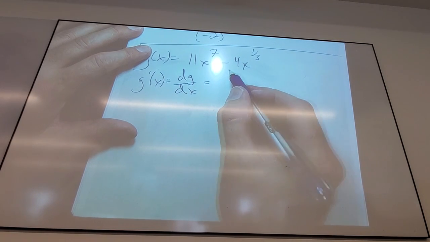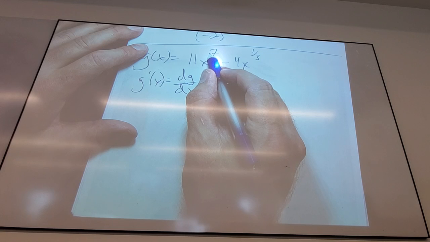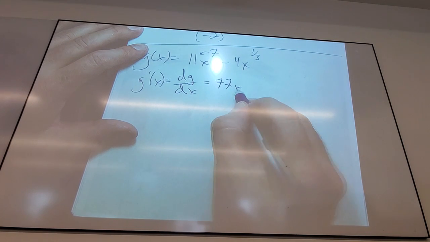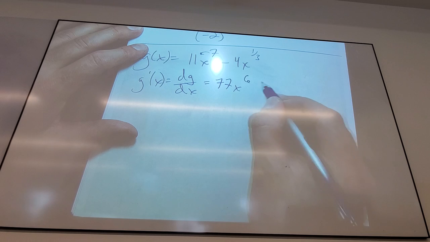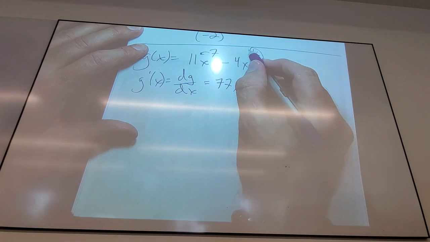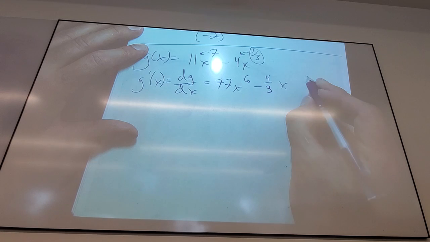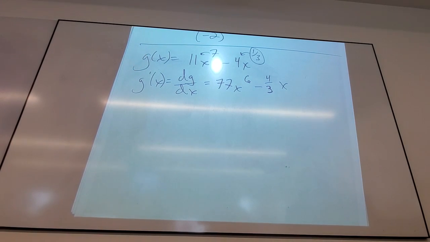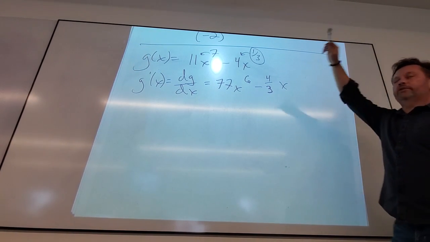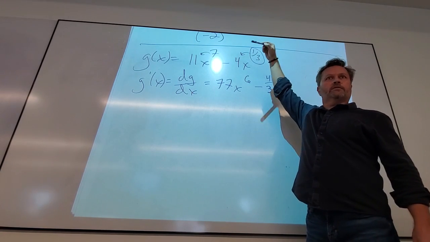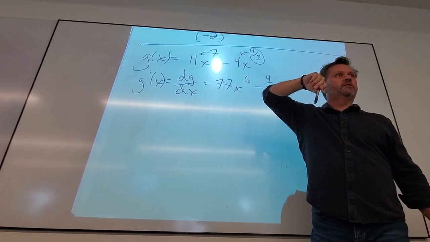Now who's got this? The 7 comes down, whatever's there already multiplies. And 6. 4 thirds. Good, that comes down. 2. Have I told you the shortcut yet where if you're taking a derivative, you just go top minus bottom over bottom? 1 minus 3 is negative 2 over 3.